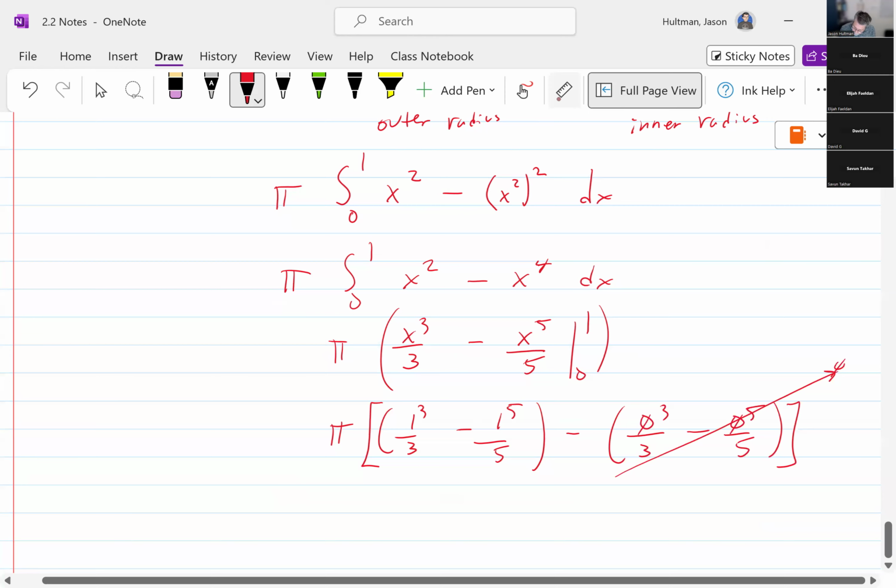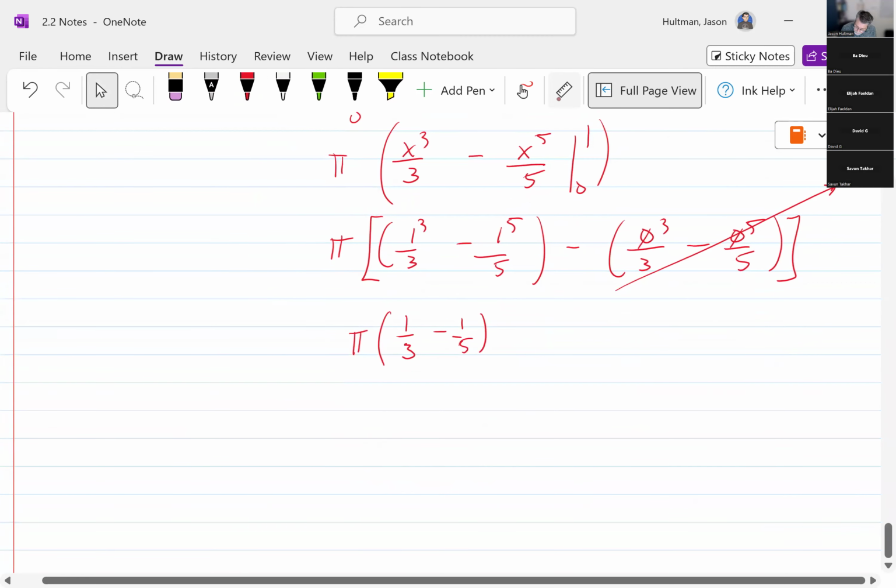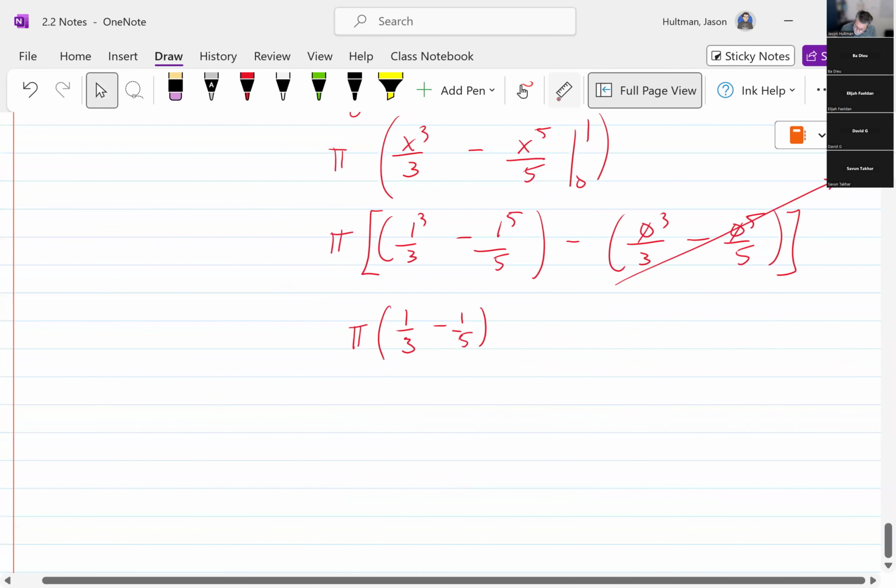This thing over here is 1 cubed over 3, which is 1/3. This is 1 to the 5th over 5, which is 1/5, times pi. This is 5/15 minus 3/15, which gives me 2/15. So this is 2 pi over 15.